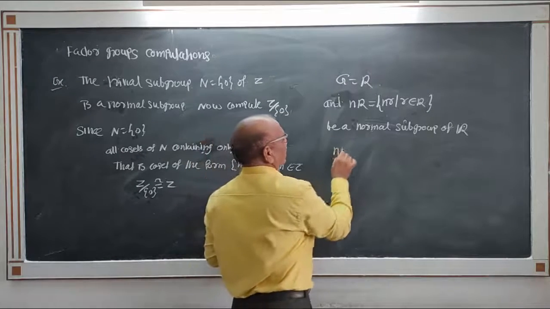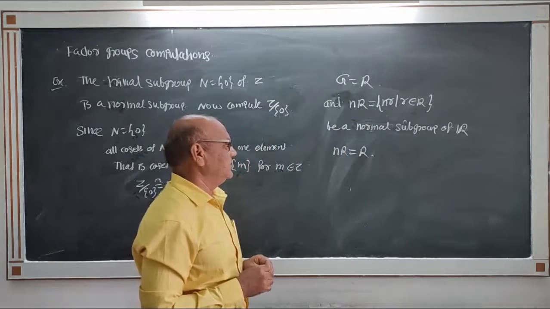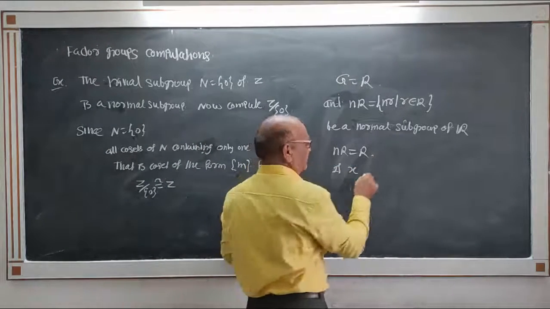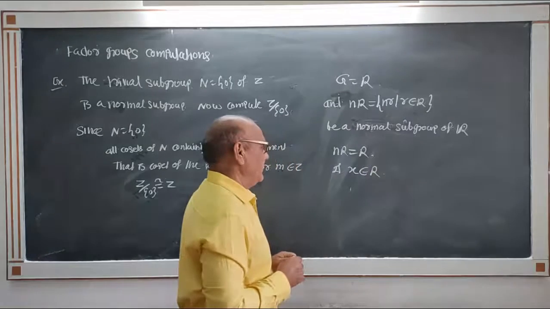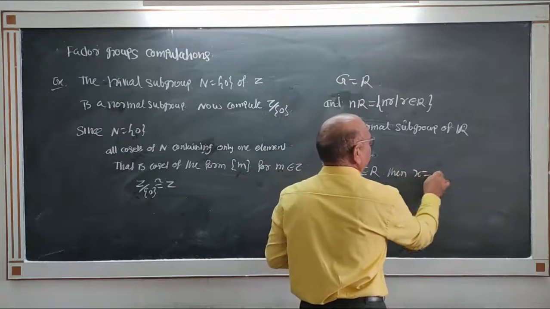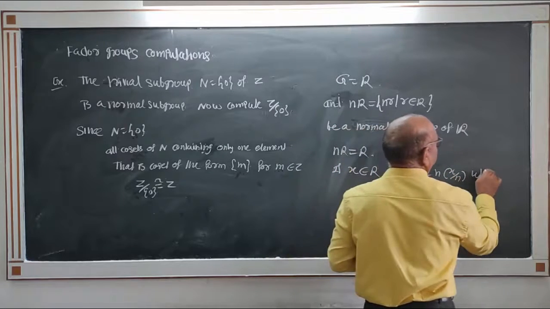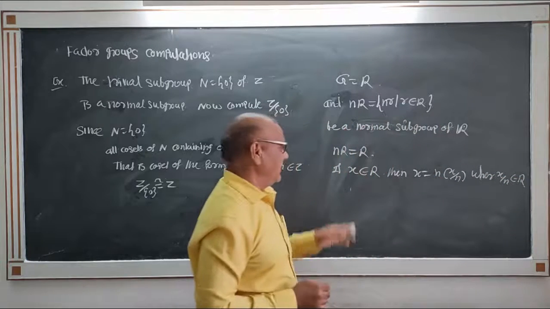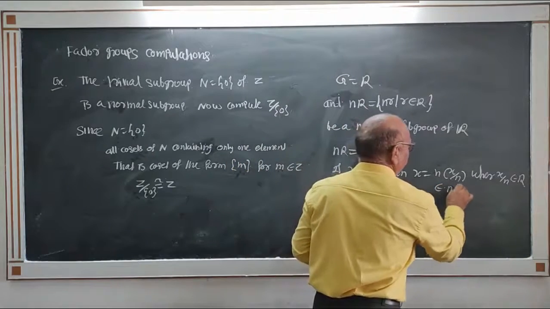Now, nR is clearly equal to R. If x belongs to R, then x can be written as n times x by n, where x by n again belongs to R. That means if x belongs to R, then x belongs to nR.